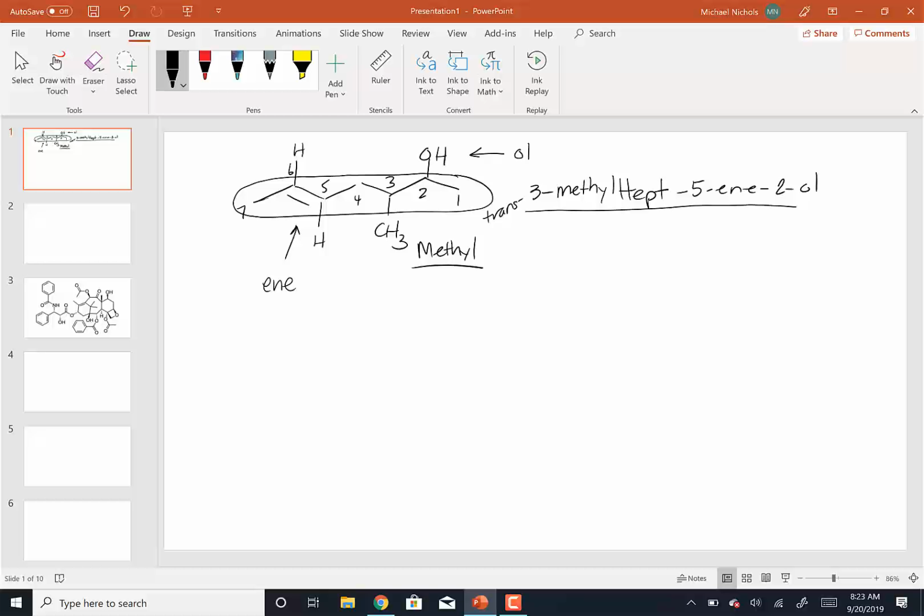And it's trans because each of the carbons in the double bond here has one non-hydrogen group and one hydrogen group attached. The 2 non-hydrogen groups never have to be equal or the same. What if it was the cis one? I would have written it like this.